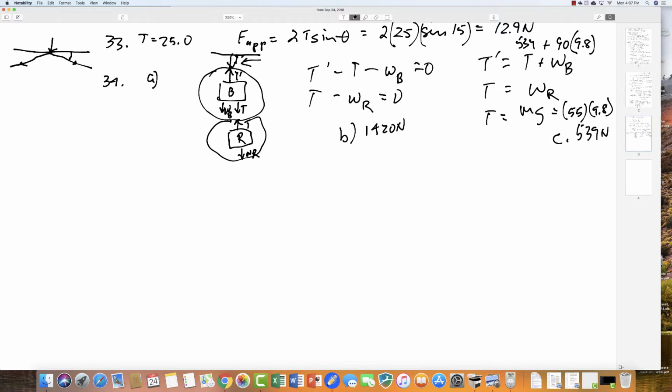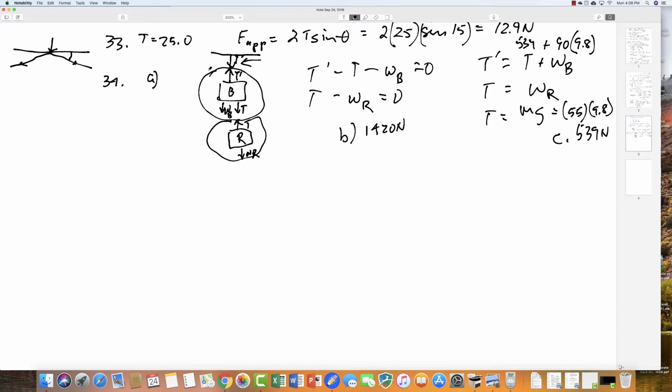So the tension here between the superhero and the ceiling is going to be designated T prime, okay? Then we draw the superhero and designate him B, and his weight is shown here, and then the tension from below him we'll call T, distinguishing it from T prime here, and then that T is equal to the tension that the sidekick's holding on to, and his weight is down here.